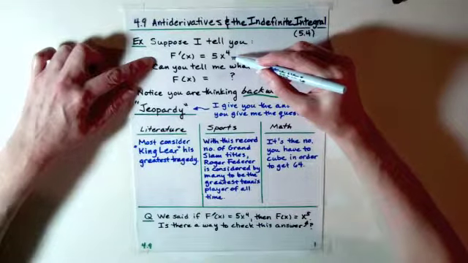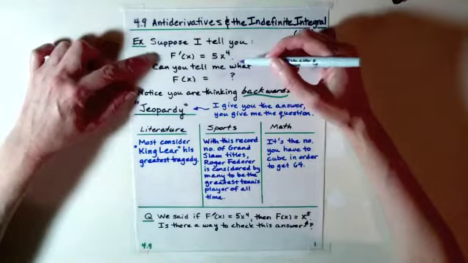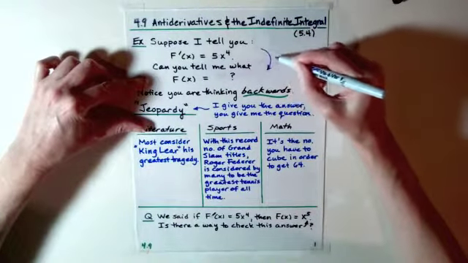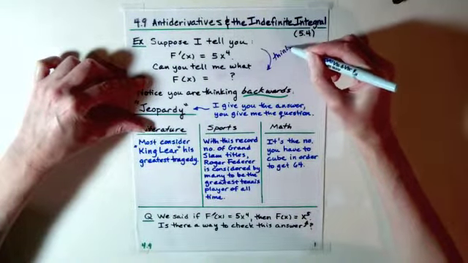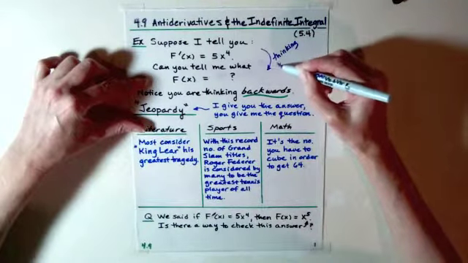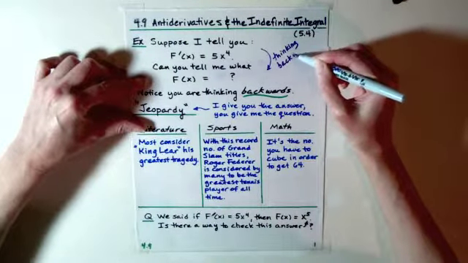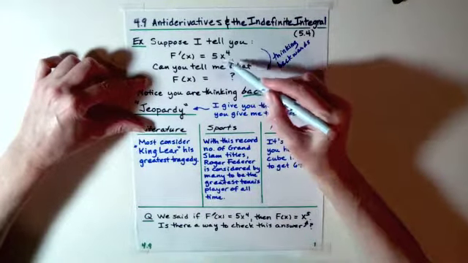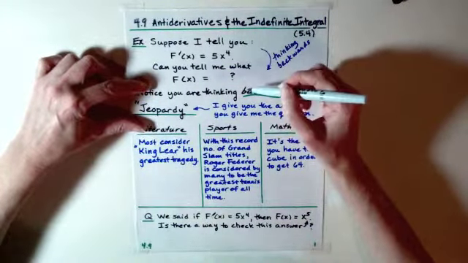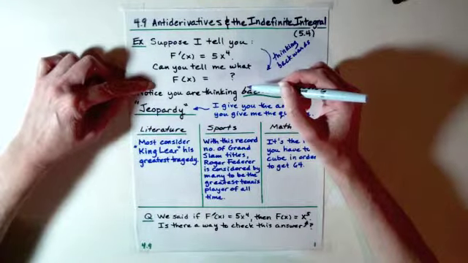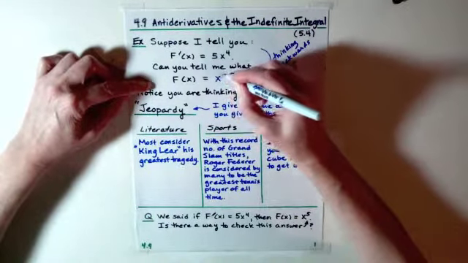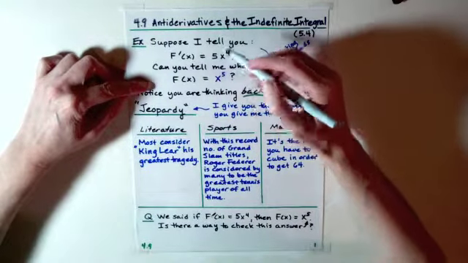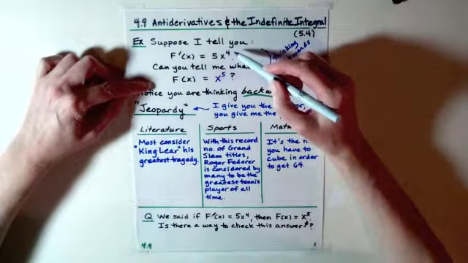So I'm giving you the derivative of a function, and I want you to think backwards, and try to come up with a function that would have this 5x to the fourth as its derivative. Can you guess what function F would have to be? It would have to be x to the fifth power in order to take the derivative of this and end up with 5x to the fourth.